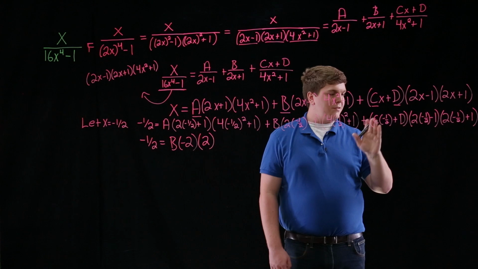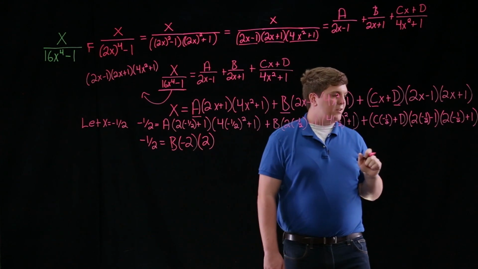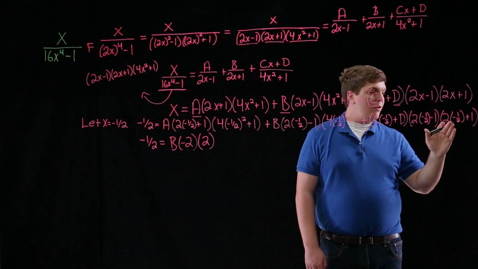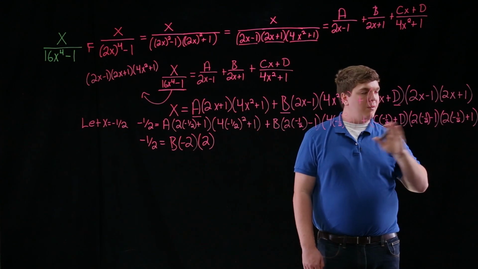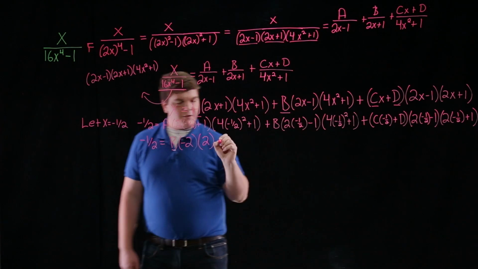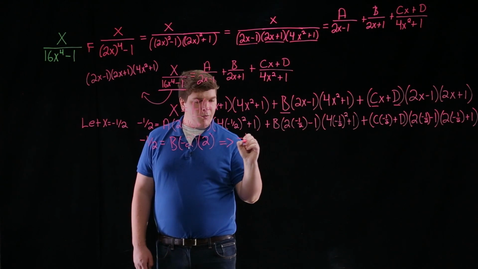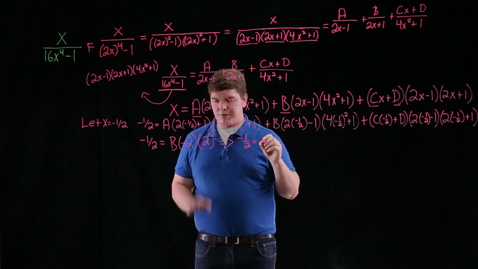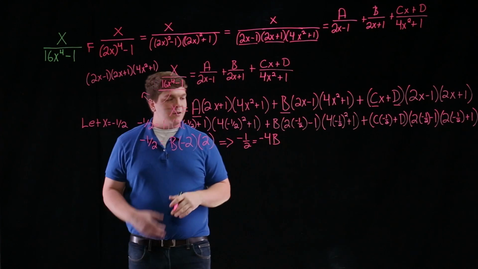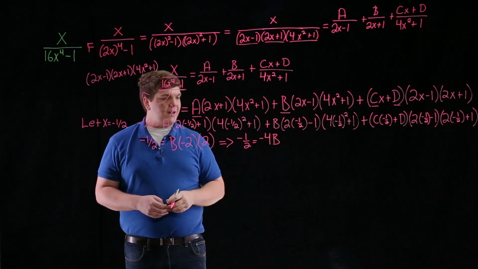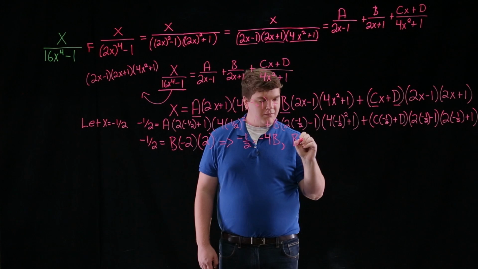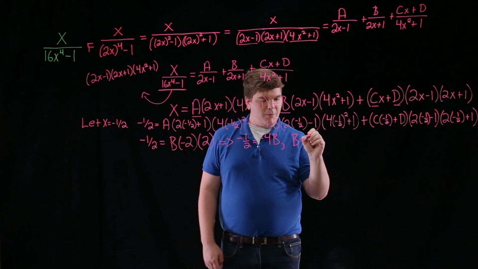And then we have plus c times negative 1/2 plus d. And here we have 2 times the negative 1/2, which is negative 1 plus 1 is 0. So this term cancels. So we're left with the equation negative 1/2 equals negative 4b. And here we can solve for b by dividing each side of the equation by negative 4, and we're left with b is equal to 1/8.